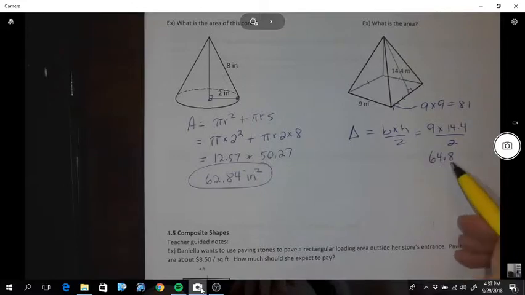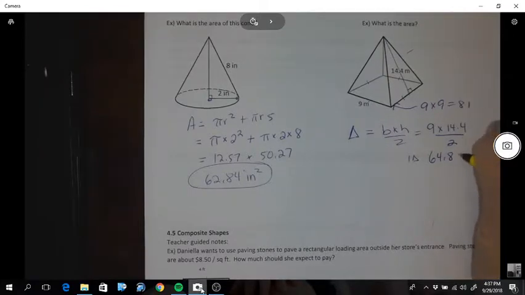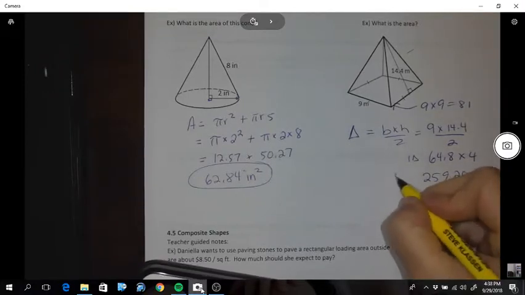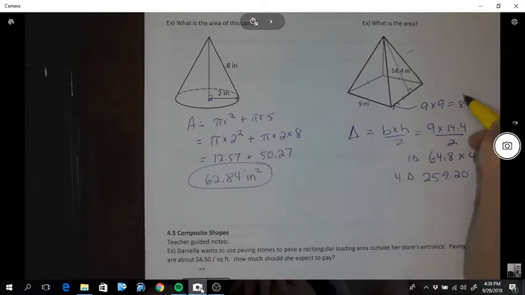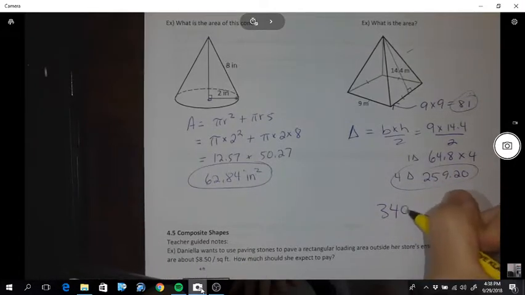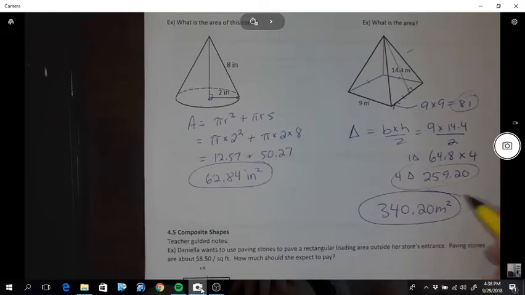Okay, that is a triangle, but I have 1, 2, 3, 4, right? So I'm going to times that by 4. So that's my triangle piece. And now I have to add the bottom plus the 4 triangles together. So my total is 340.2, and this is in meters squared.